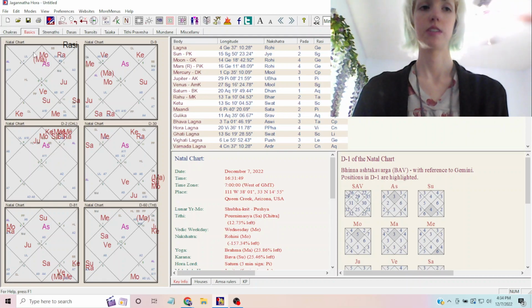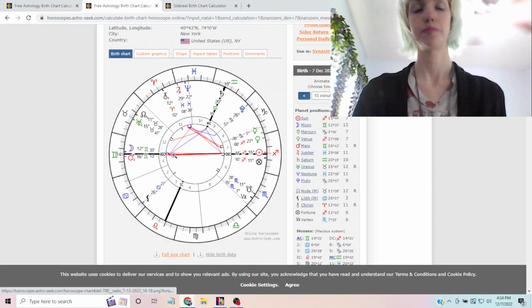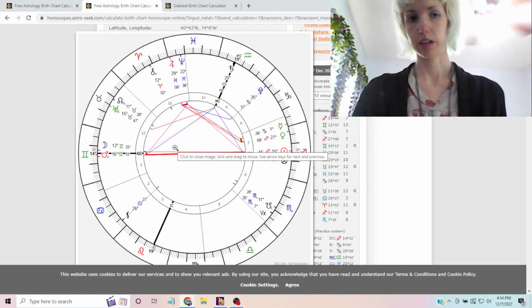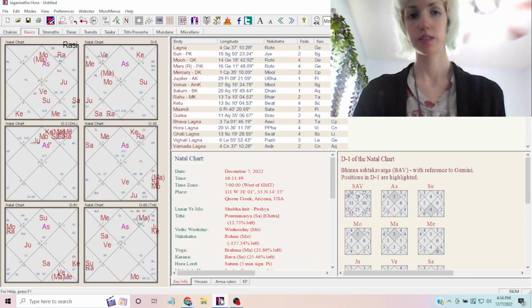These are the houses. These triangle diamond things are houses. How this chart is read, the most prominent houses are right here in this diamond: first house, fourth house, seventh house, 10th house. So here's the ascendant descendant axis. This horizontal line is the same thing as this, it's vertical in this one.